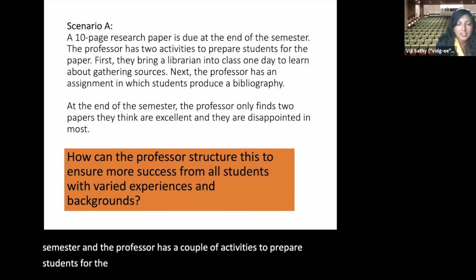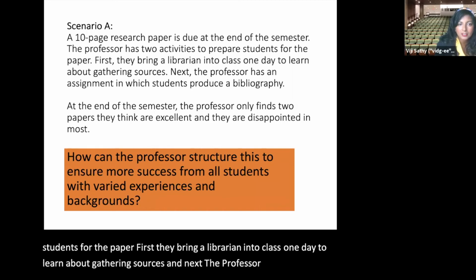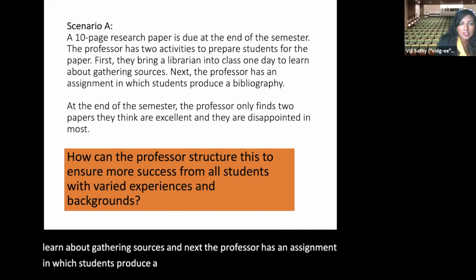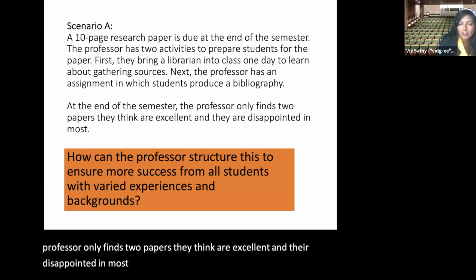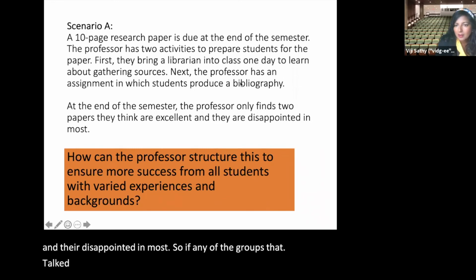First, they bring a librarian into class one day to learn about gathering sources, and next the professor has an assignment in which students produce a bibliography. At the end of the semester, the professor only finds 2 papers they think are excellent, and they're disappointed in most.